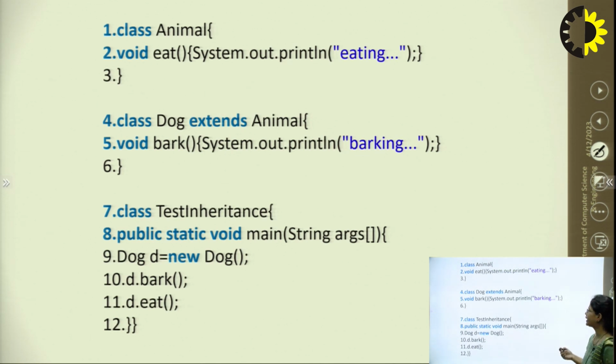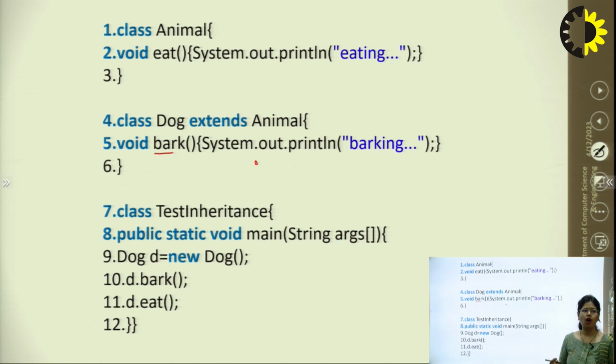Or I can take a real life example. Animal is a class with a method called eat, which represents eating, and there is another class, dog, which extends the animal class. So the eat method is by default inherited into the dog class, whereas dog already has another method called bark.